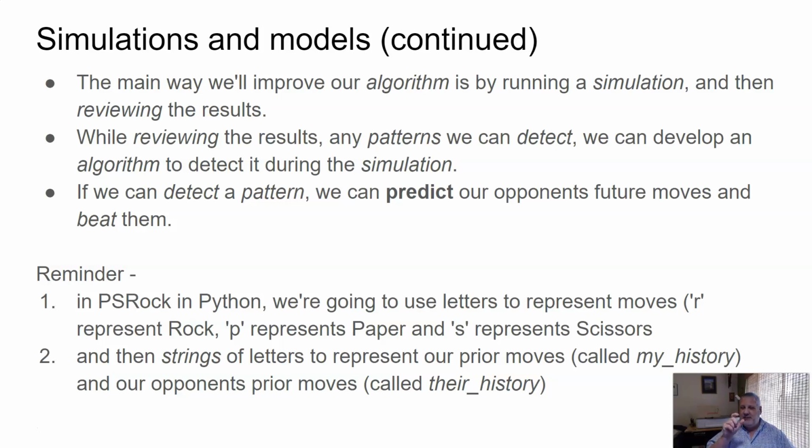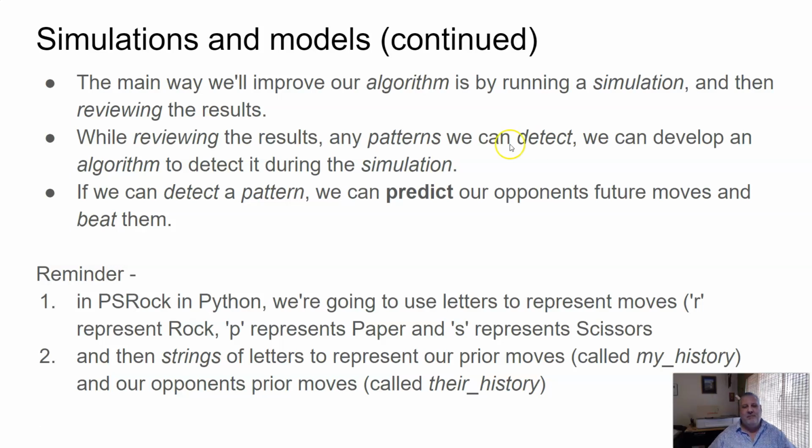And once we detect a pattern, the assumption is we'll be able to predict the next move, and then we can easily beat that move. So if they're throwing rock, rock, rock, rock, rock, I predict their next move will be rock, and I can beat that. And actually, all I'm going to check is, are they throwing the same thing over and over? If they are, I predict they're going to throw that same thing again, and I can beat that same thing.